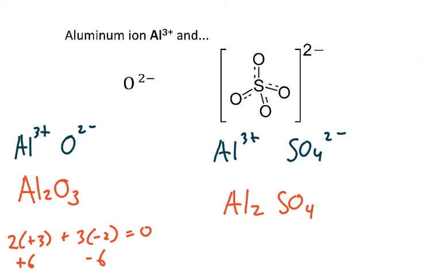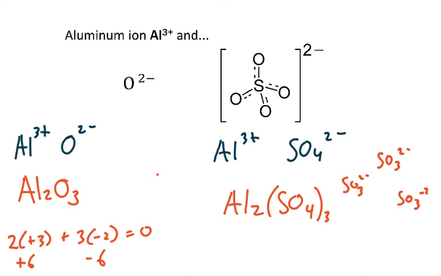We want the whole SO4, and we want 3 of those. So the way we represent this is to put parentheses around it with a 3. So now this means we have an SO4 and an SO4 and an SO4, right?